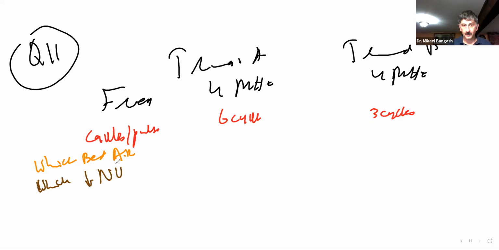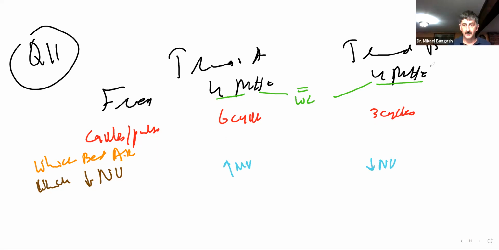Just look at it in this way: the frequency is the same in both cases, which means they both have equal wavelengths. But here that wavelength is multiplied by a greater number of cycles, which means we end up with a greater numerical value compared to over here, where there will be a lower numerical value.